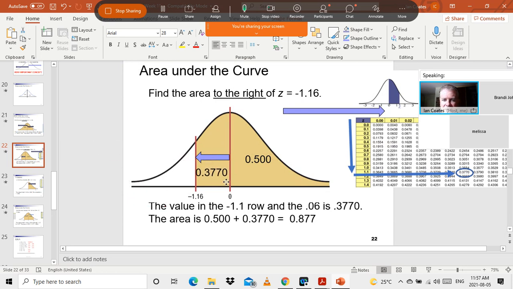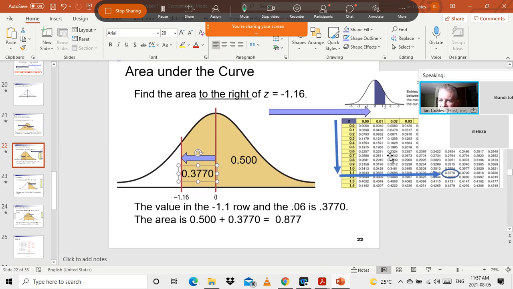And again, you'll see that this table measures from the mean out. So that area right there is 37.7%. And that kind of makes sense because this is 1.16 deviations away from the mean. If it was 1 deviation from the mean, it'd be right here.